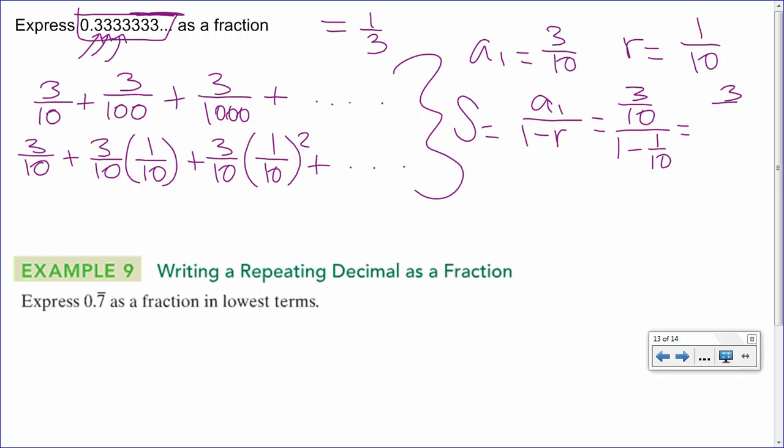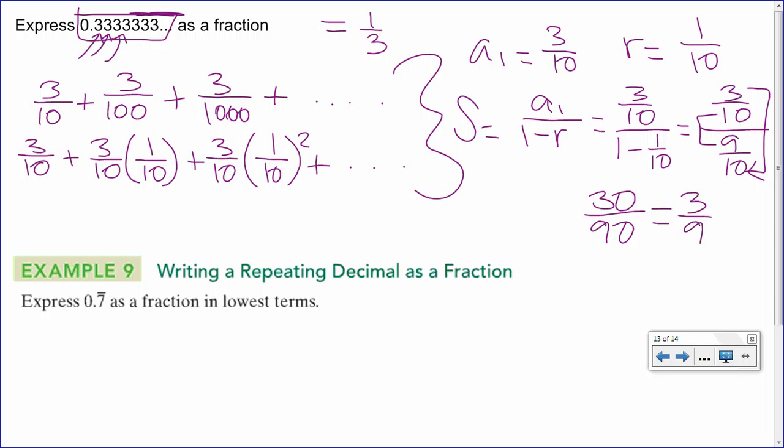So this is 3/10 over 1 is equal to 10 over 10, so 10 over 10 minus 1/10 will be 9/10. So here, 3 times 10 is just 30, 9 times 10 is 90, and so that will be equal to 3 over 9, or just 1/3. Yes, that is the proof.